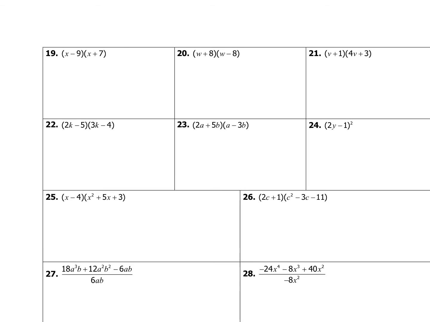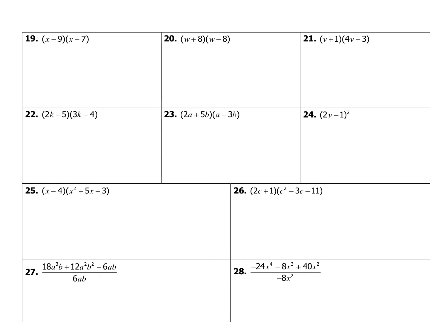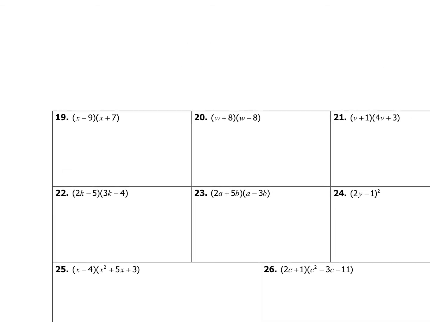All right, next. 19. So in 19 through 24, we're multiplying binomials. And when we learned about multiplying binomials, we practiced the FOIL method, and it stands for first, outside, inside, and last.